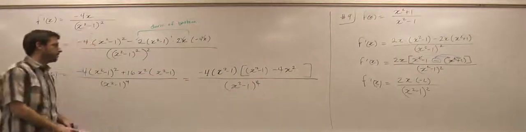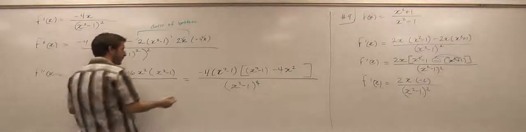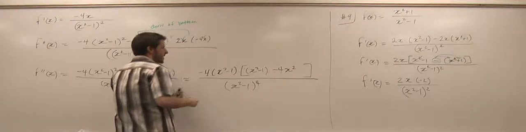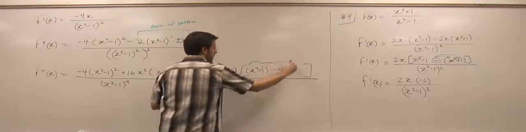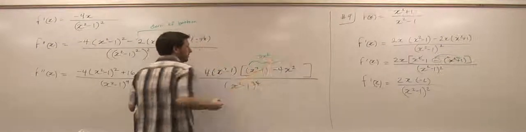You can simplify it. Certainly in the parentheses I can collect. x squared minus 4x squared is negative 3x squared. And then minus 1.